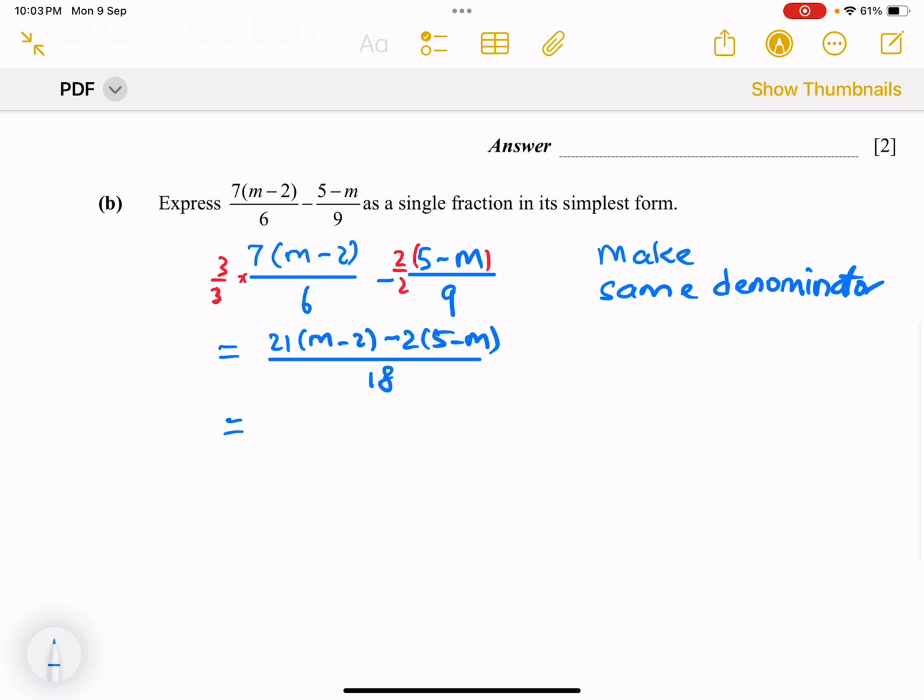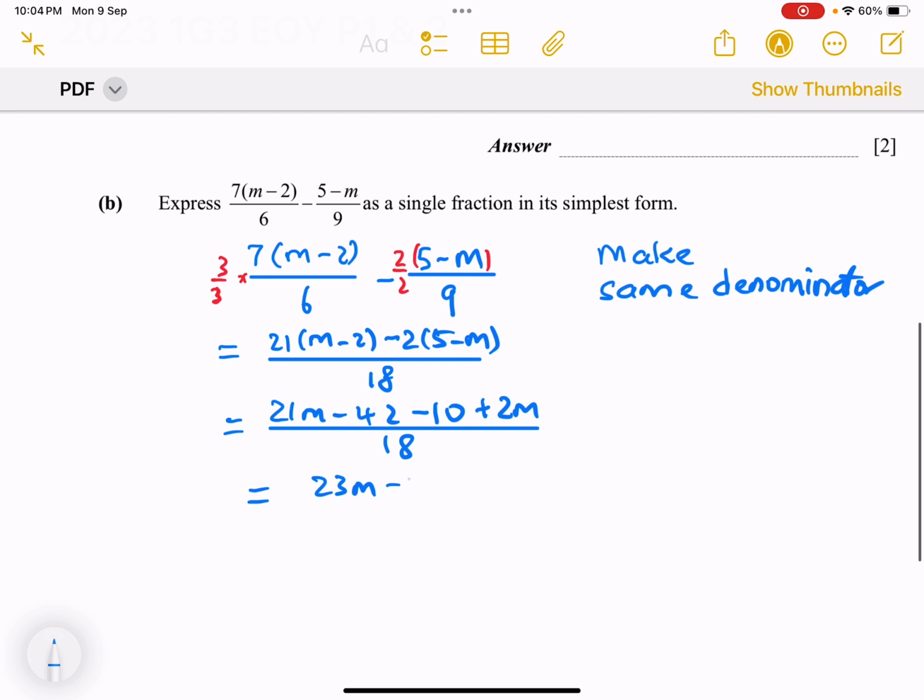Now we expand using the distributive law, not forgetting to change sign. Minus times minus gives plus 2 times n. Collecting like terms, we will have 23n minus 52 over 18.